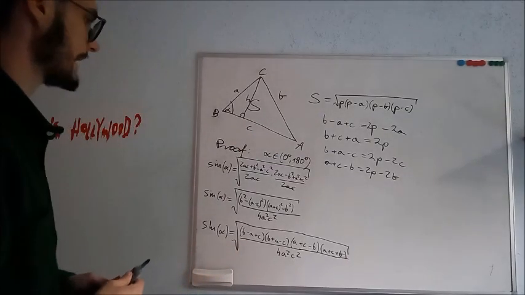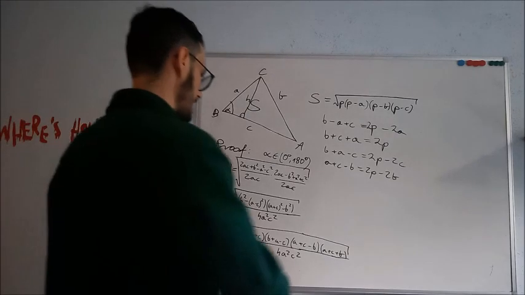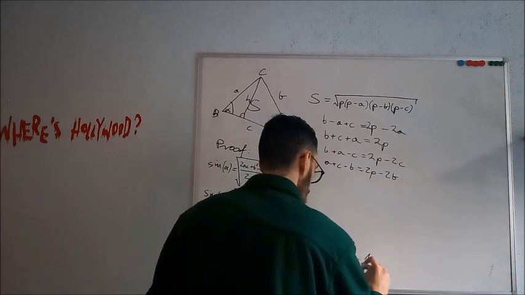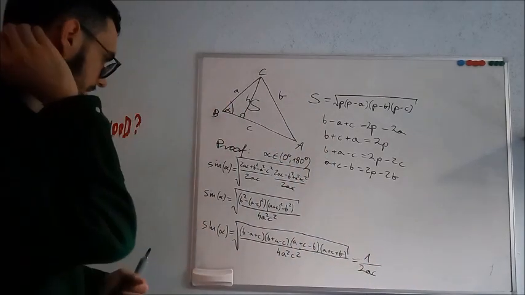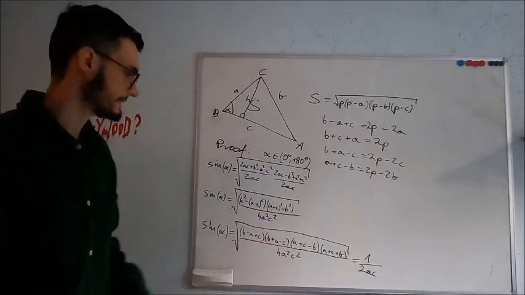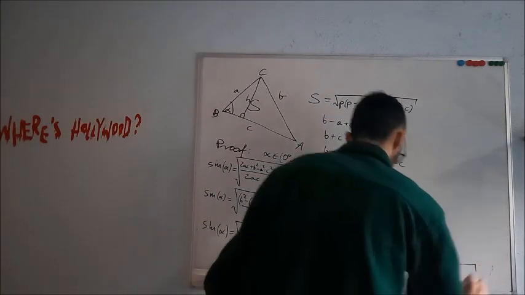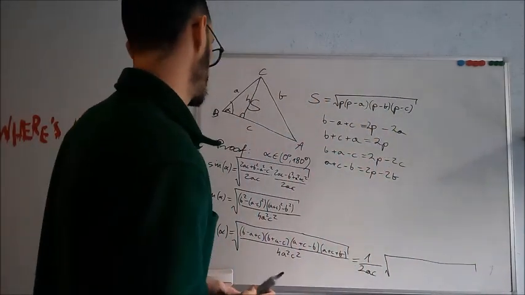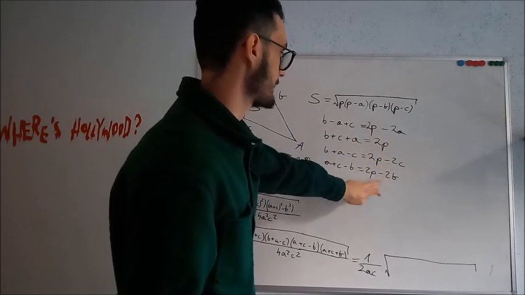Right. And let's substitute it into our brackets. So we get 1 over 2 times a times c, because the square root of the quotient of numbers is the quotient of the square roots. Right? And under the square root, we've got this times this times this times this.